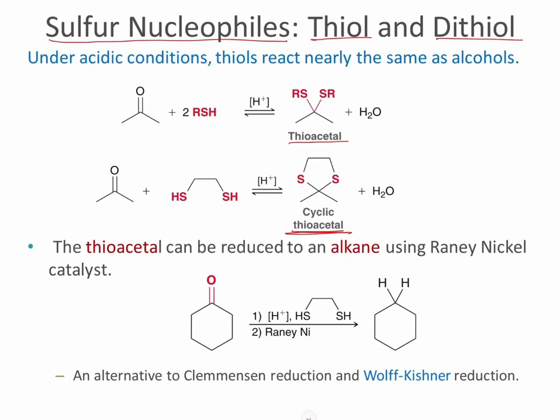Okay, so when we use it to form a protecting group for either a ketone or an aldehyde, then we're going to end up with this cyclic thioacetal. We can transform cyclic thioacetal directly into an alkane by doing a reduction using Raney nickel catalyst. So this is another cool way to transform a carbonyl into an alkane.